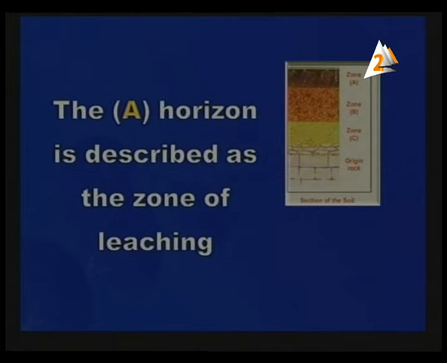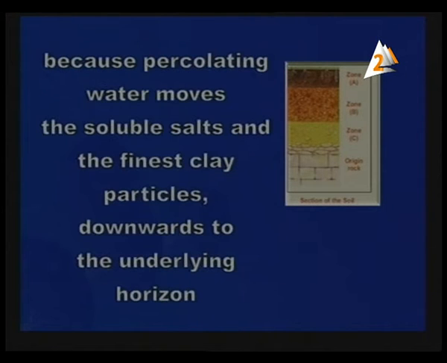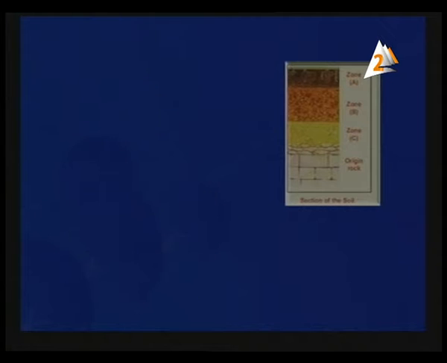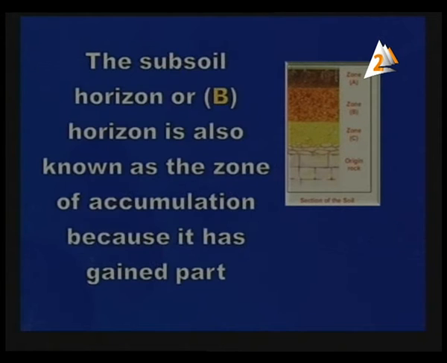The A horizon is described as a zone of leaching, because percolating water moves the soluble salts and the fine clay particles downward to the underlying horizon, which is the B horizon.